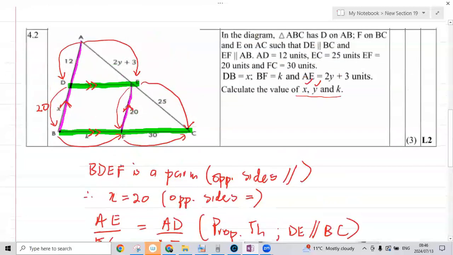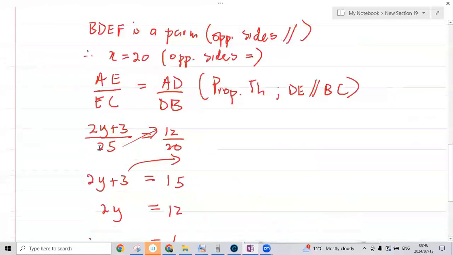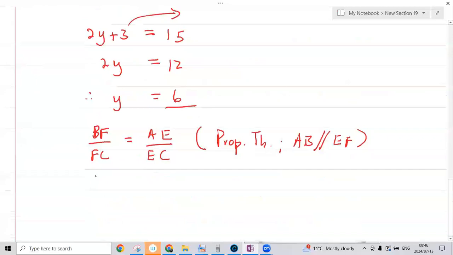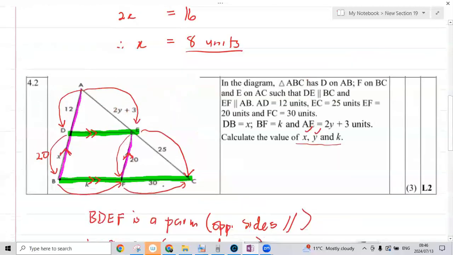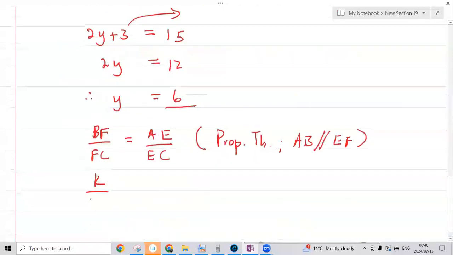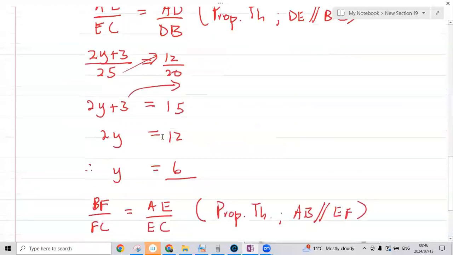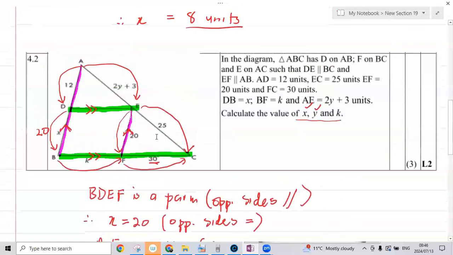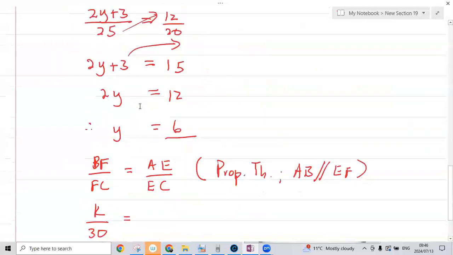Now do your substitution. What is BF? BF is K over FC. And FC is 30. Equals to AE. So what is AE? AE is 2y plus 3.